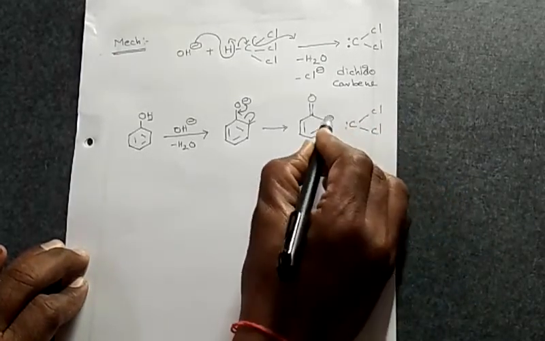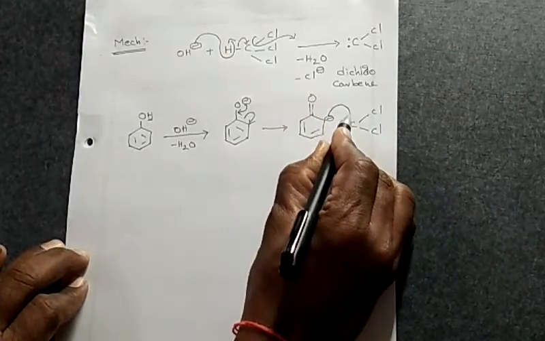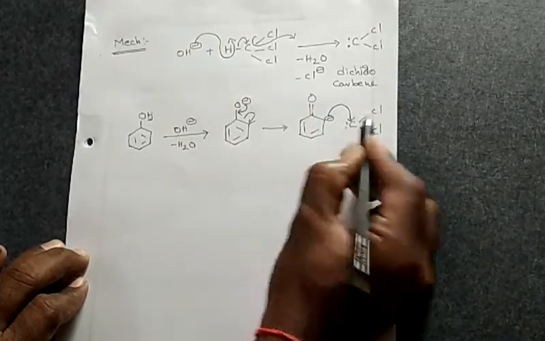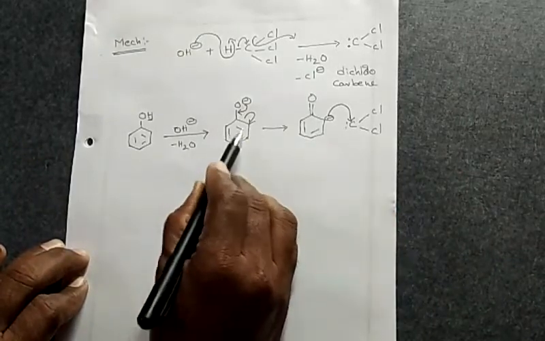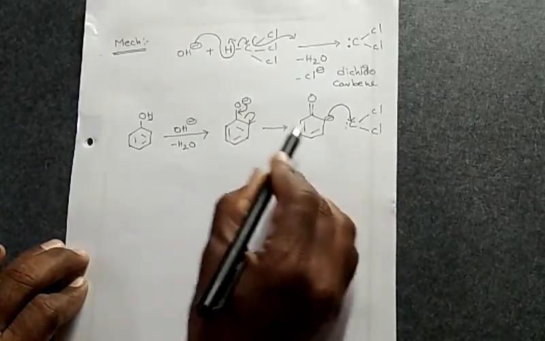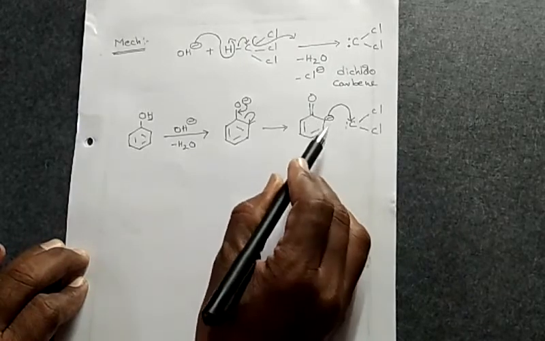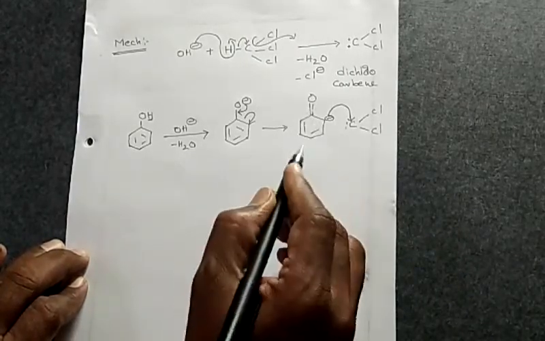Then what happens? With the help of this negative charge, it forms a bond. Please observe here, this molecule has the aromatic character. Here its aromaticity is disturbed. Please observe this point, which plays a vital role.